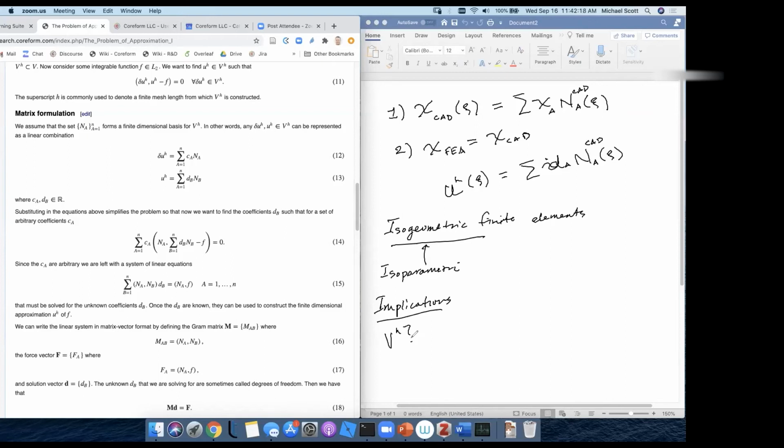Yeah, so the people that design the CAD systems, do they care about solution spaces? What do you think? No. They're primarily concerned with just shape representation, right? And so these functions that are being used here to represent X CAD, they may or may not even be a basis for a space.